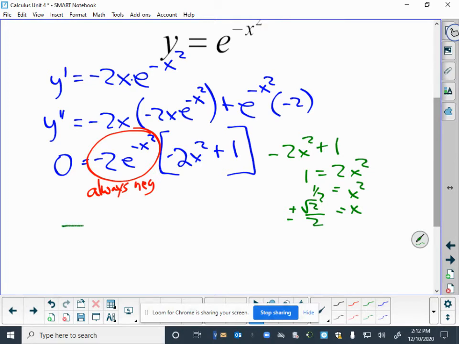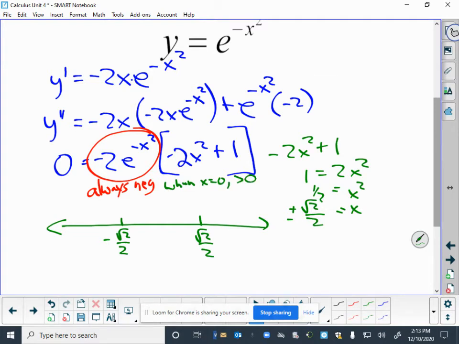So if I'm looking on my axis here, I've got important points at root 2 over 2 and negative root 2 over 2. 0 is in between them. If I put a 0 in here, I can say that when x is equal to 0, this is greater than 0.